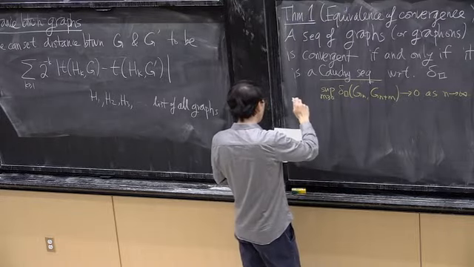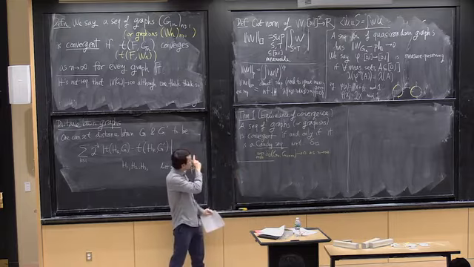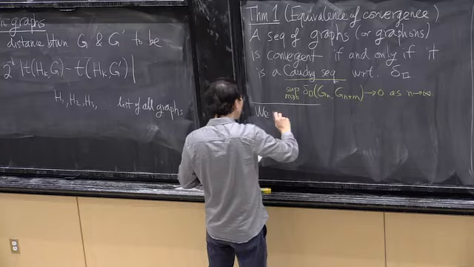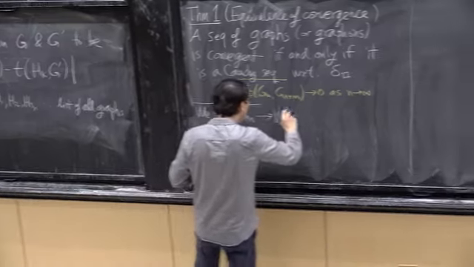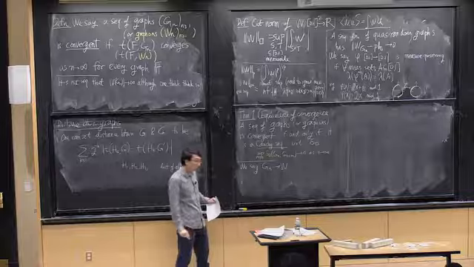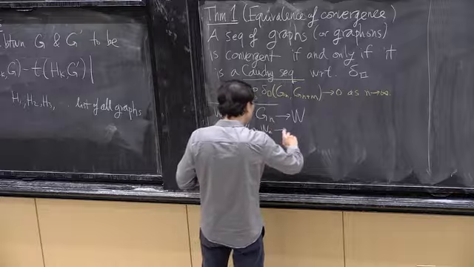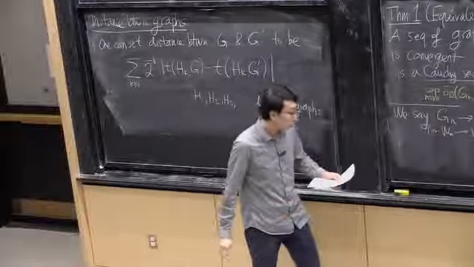Okay. So now let's use a symbol. So we say that G sub n converges to W, or in the case of a sequence of graphons, we can do that as well.